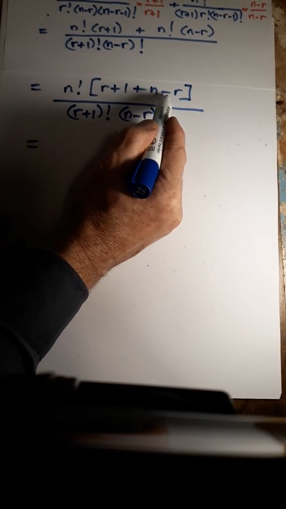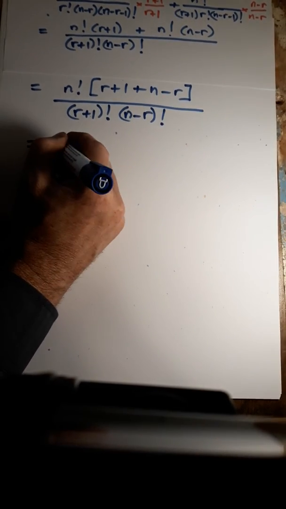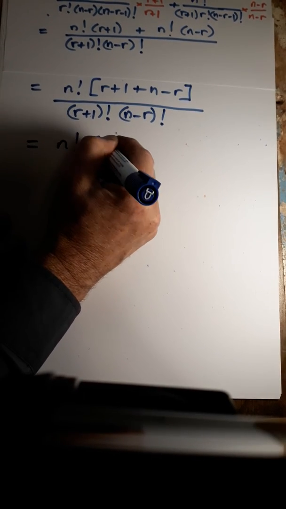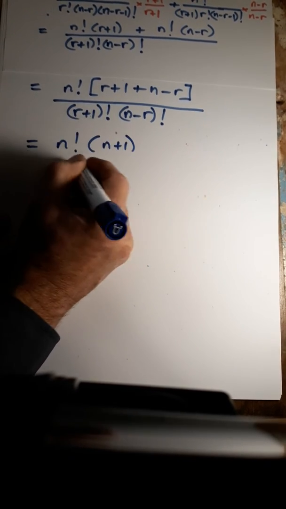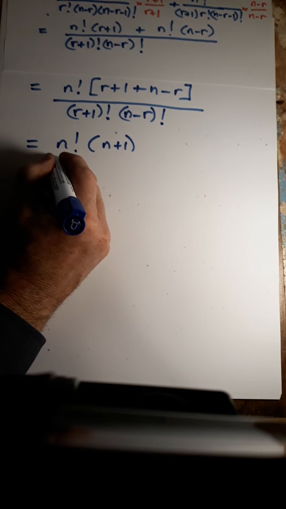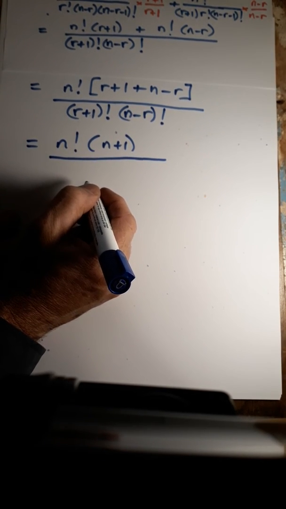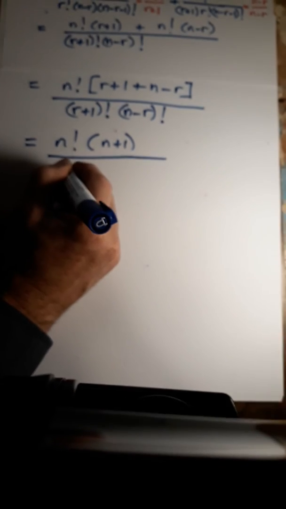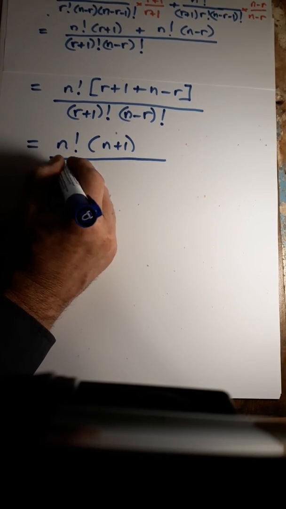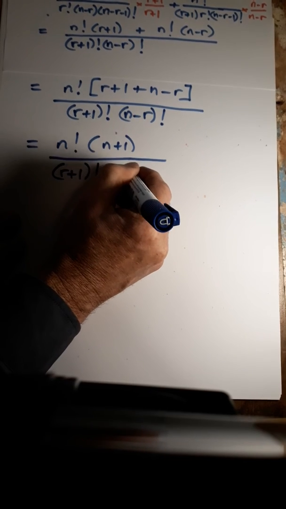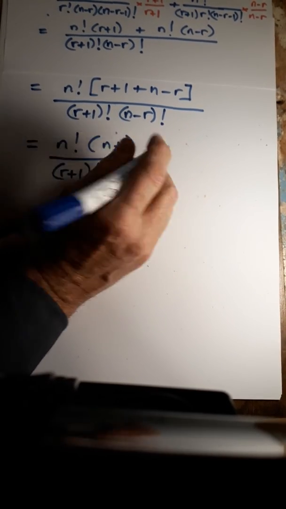So the r and minus r are cancelling, and I get n factorial times n plus 1 on the top line. And on the bottom line, I end up with r plus 1 factorial and n minus r factorial.